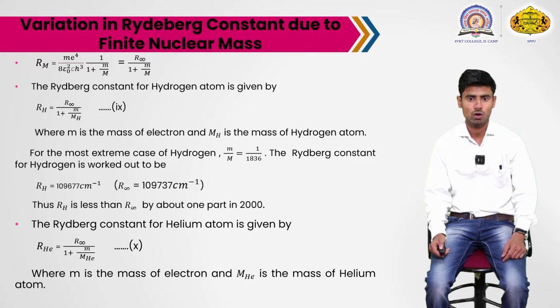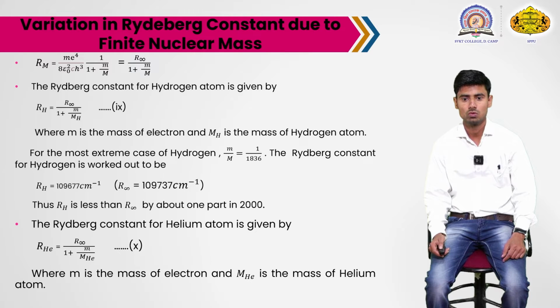So generally the ratio of the mass of the electron to the mass of the proton, because the hydrogen atom nucleus consists of a single proton, that ratio small m by capital M is generally 1 by 1836. So the mass of the nucleus here is 1836 times larger than the mass of the electron, and therefore the Rydberg constant for hydrogen atom is less than R infinity.